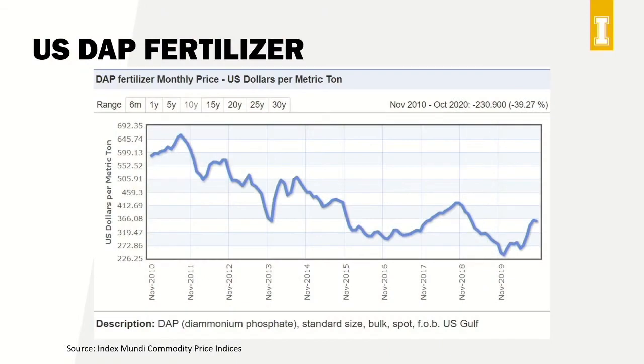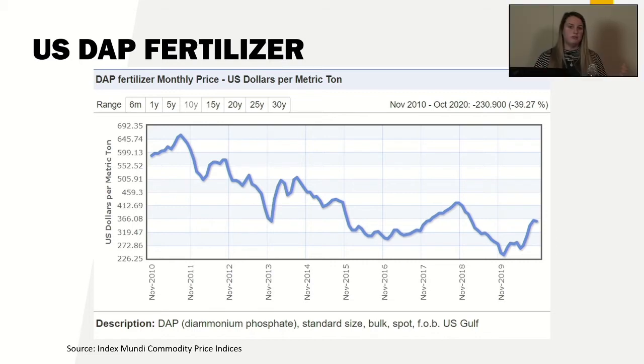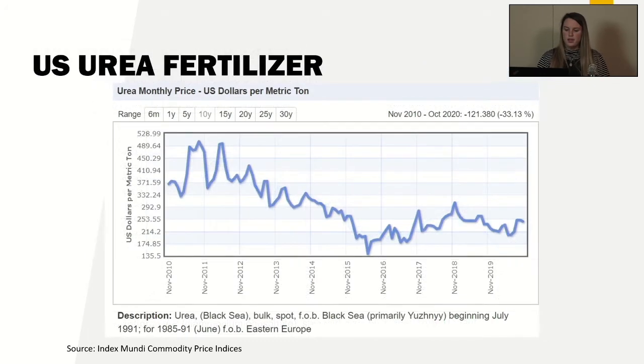So again, you see that fertilizer prices actually are one of the ones that went up in 2020. Fertilizer prices were up, and I showed that in one of my first slides, about a 3% increase. You can see that reflected here on the US DAP fertilizer graph. And then you have US urea, and again, it was increasing this year.